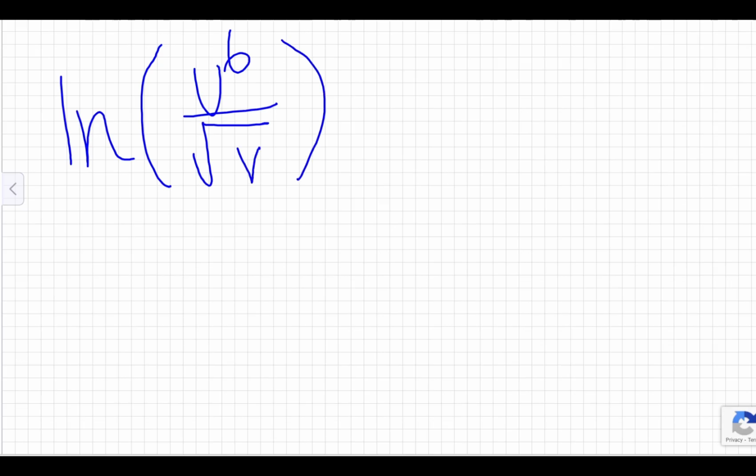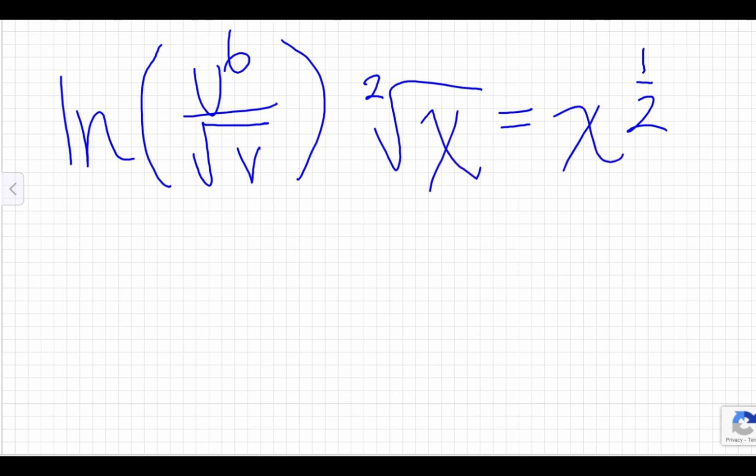If you don't recall, it's okay, but square roots actually have an invisible 2 that we always write. But the square root is also a power of 1/2. So, as an example, x raised to the 1/2 is the same thing as the square root of x.